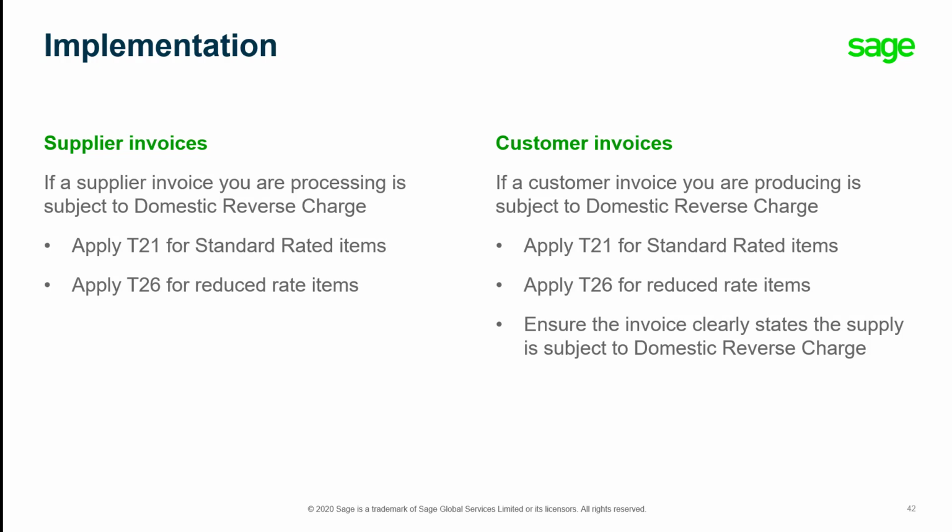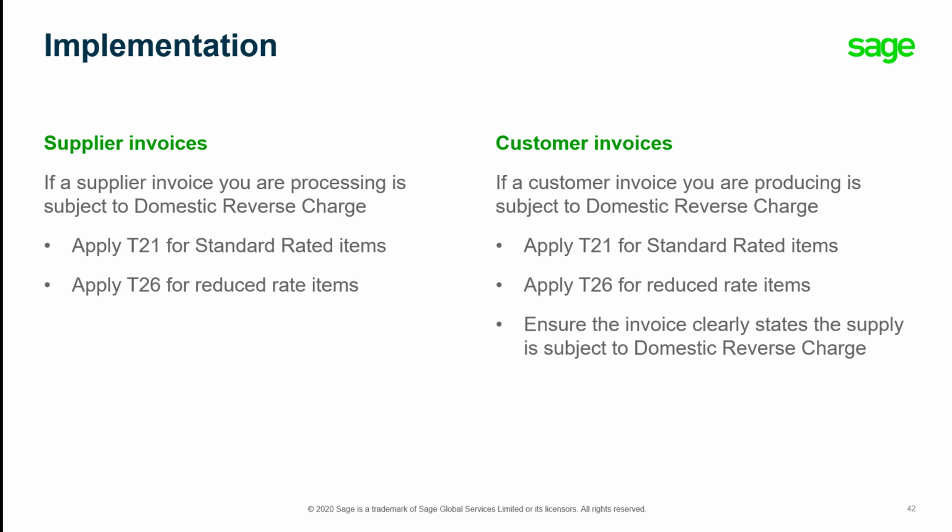For your supplier invoices, if you're processing a transaction that is subject to reverse charge, remember by default T21 is used for your standard rated items and T26 for reduced rated items. By using these tax codes, the VAT return will be impacted correctly for you. Remember, if these codes are already in use, the next available codes will be used instead.